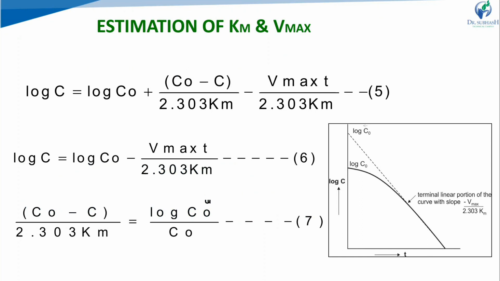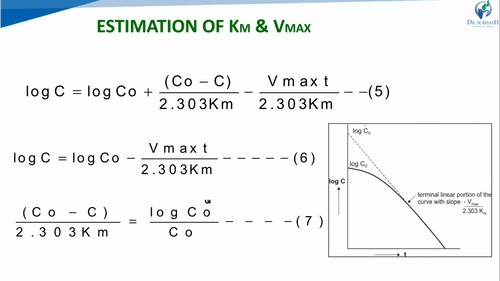When we make the semi-log plot of log C versus time, we get a curve with a terminal linear portion having slope minus Vmax upon 2.303 Km, and when back extrapolated to time zero it gives the intercept, the back extrapolated log C0 value.